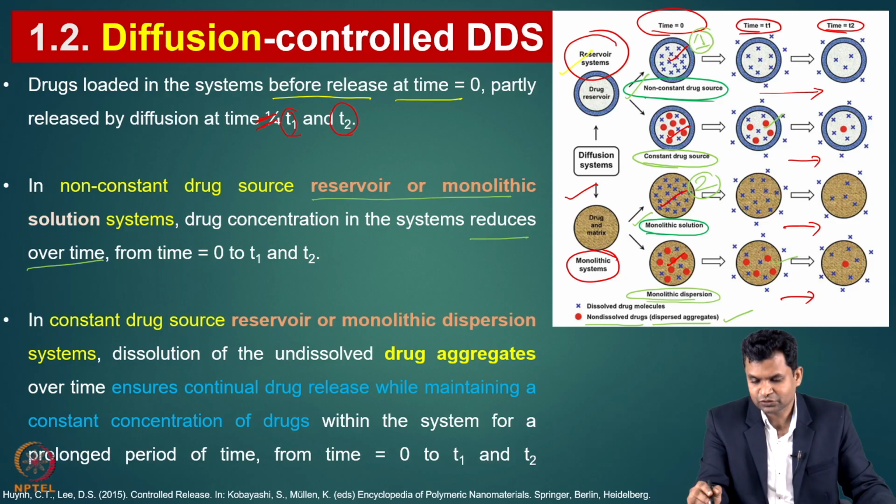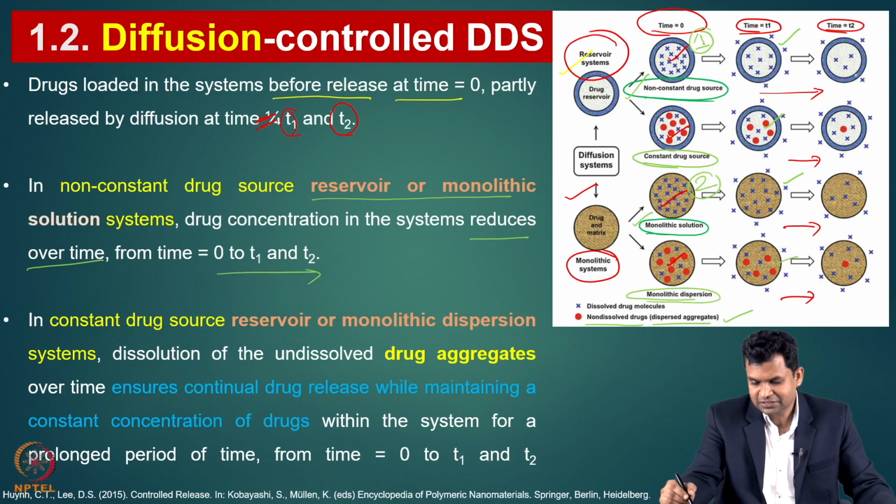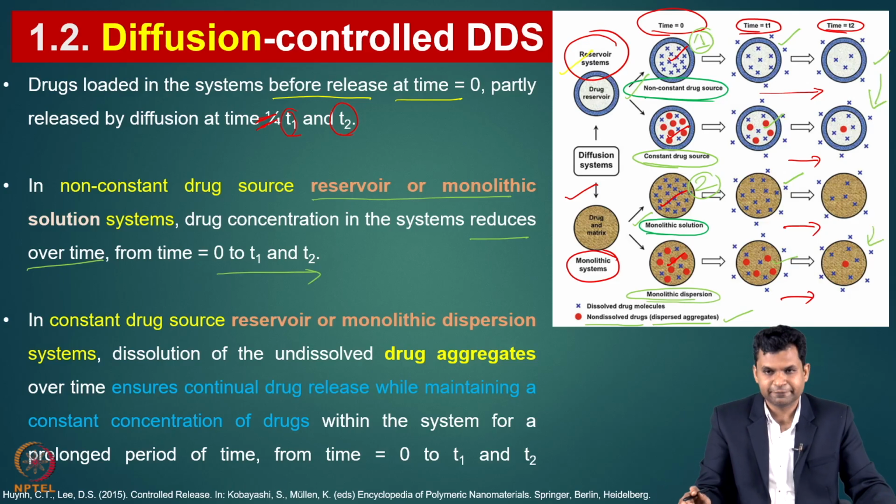Now you can switch to time point 1. You can see the drug is releasing, the drug concentration is reducing over time, right. That happens in this figure and this figure. When you go further from 0 to T1 and T2, you will see the percentage of the drug is very, very less in this case compared to this, and similarly compared to this the concentration is high, right.